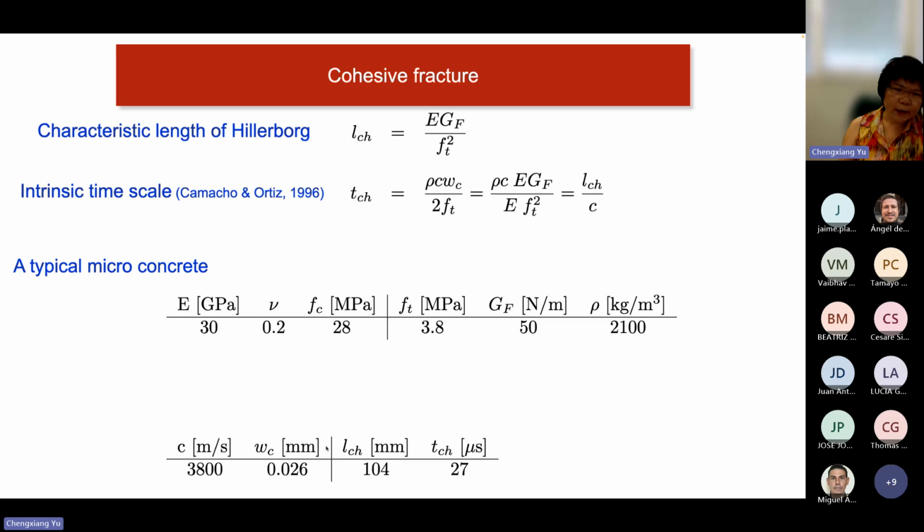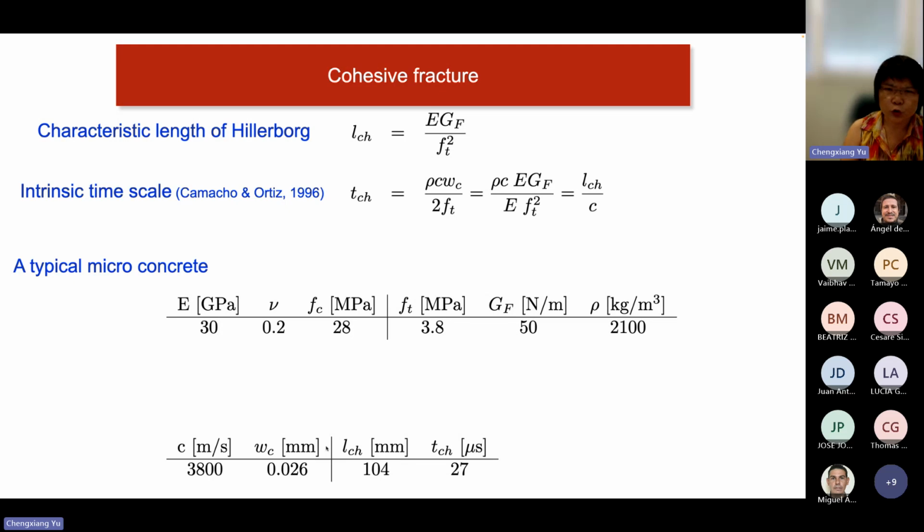From the calculations, the wave speed is about 3,800 meters per second. Wc, for a linear decreasing cohesive law, is 2 times Gf divided by Ft, so in this case it is 26 micrometers. The characteristic length is 104 millimeters, and t_ch is 27 microseconds.